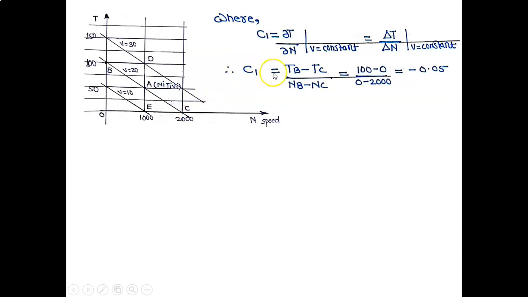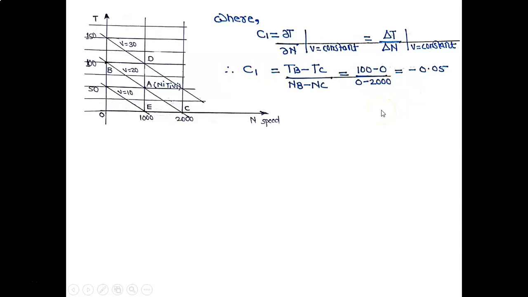C1 is equal to TB minus TC divided by NB minus NC. TB is equal to 100 and TC is equal to 0. NB is equal to 0. NC is equal to 2000. Substituting the values, C1 is equal to 100 minus 0 divided by 0 minus 2000, which is minus 0.05. Therefore C1 is equal to minus 0.05.